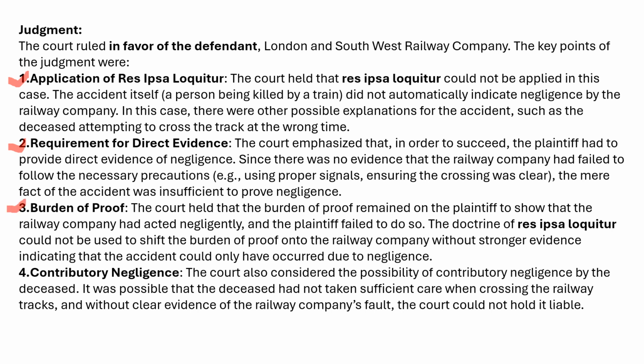The court held that the burden of proof remained on the plaintiff to show that the railway company had acted negligently, and the plaintiff failed to do so. The doctrine of res ipsa loquitur could not be used to shift the burden of proof onto the railway company without stronger evidence indicating that the accident could only have occurred due to negligence.